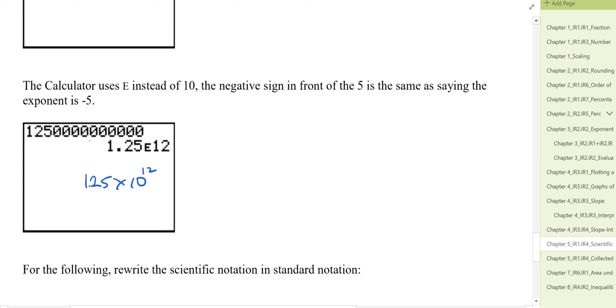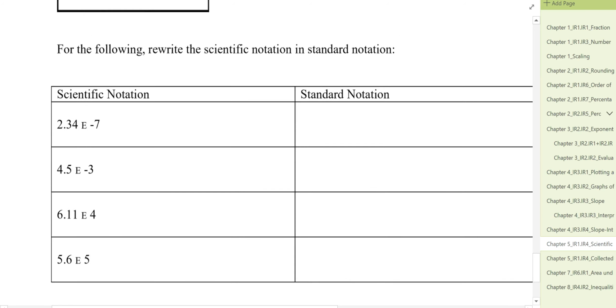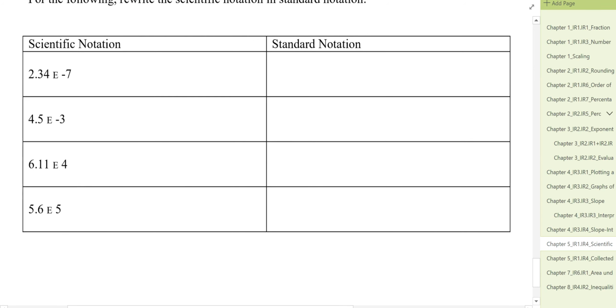So for the following results, let's rewrite scientific notation in standard form. Let's do it. So this is an output you should see in your calculator. Again, negative 7 tells me I'm going to have a small number. I'll move the decimal to the left 7 times. So for example, I have 2.34 here, meaning that I'm going to move my decimal left 7 times. I'm going to add zeros here before the decimal.